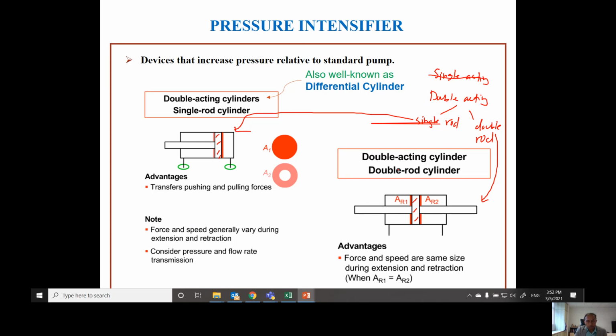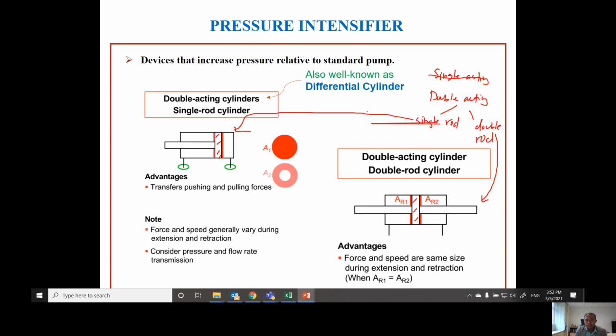Okay, when you have a double rod cylinder, the force and the speed during extension and retraction will always be the same, because the effective areas AR1 and AR2 are always the same, providing that the size of the rod is the same between the left and right.